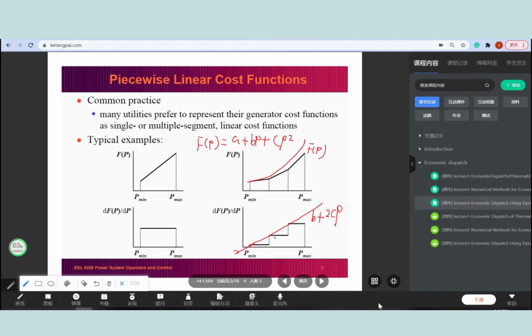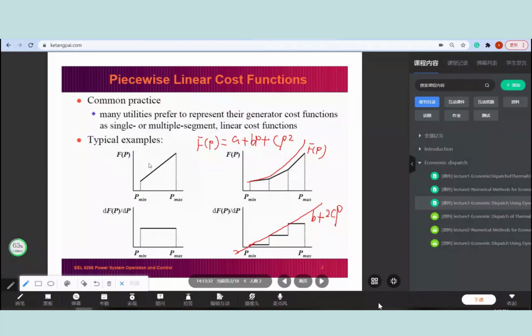Based on this, we calculated the optimal solution by the lambda iteration method, gradient-based method, or Newton method. All these methods are based on the first order derivative. When we found the solution, the first order derivatives of all the generators are equal. This is the fundamental meaning of the derivative-based method.